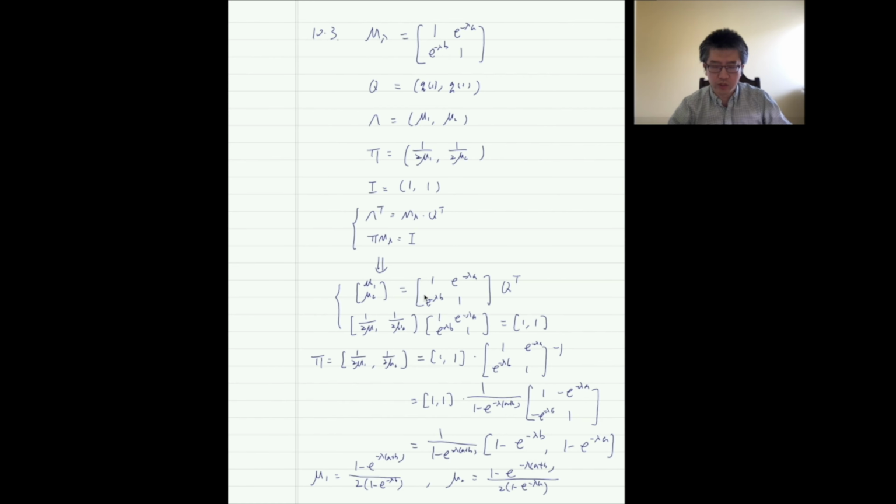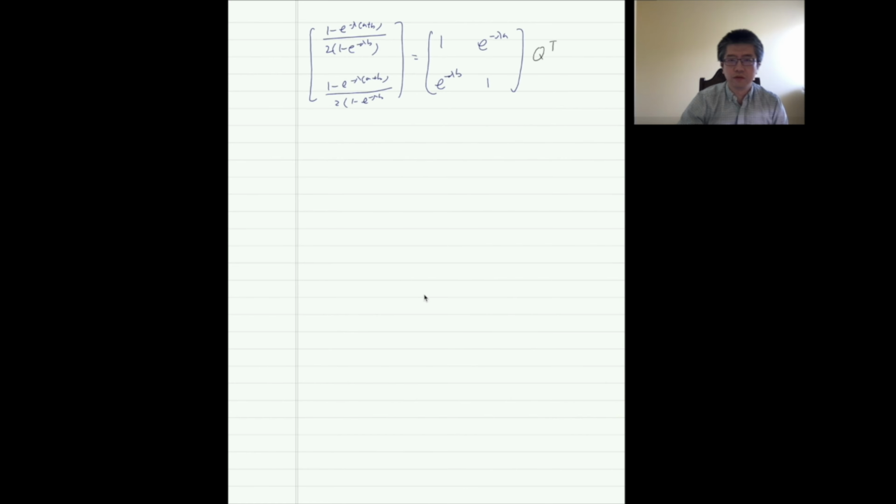Let's rewrite this equation. So we know that here is mu1, mu2, is 1 minus. This computation is relatively tedious, but it's an analytical approach for this generic problem. This is mu equals m lambda times qt.